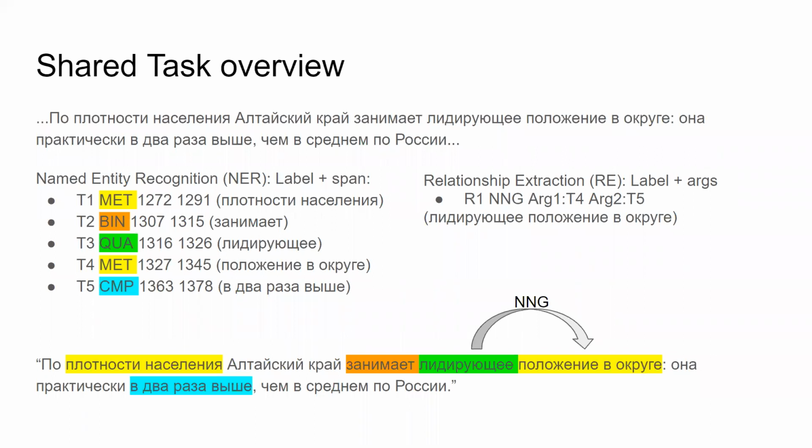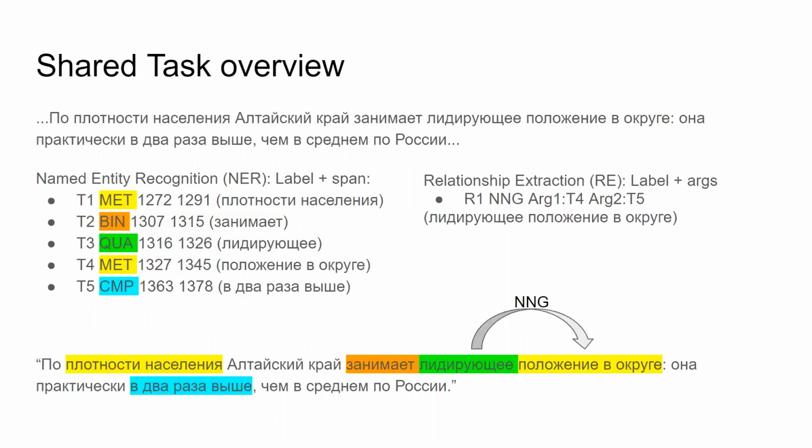First of all, let us recall the shared tasks. The whole competition consisted of 3 subtasks: named entity recognition, relationship extraction with named entities, and end-to-end relationship extraction. Here we present solutions for the first 2 problems. In the NER task, the objective is to provide entity spans in a text and classify them.